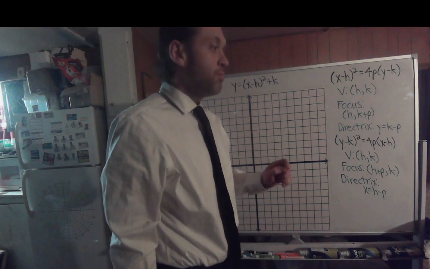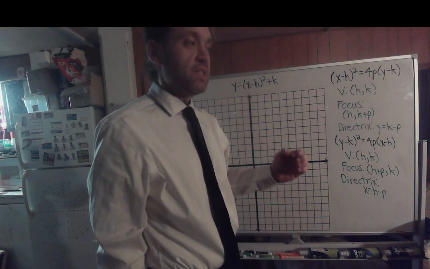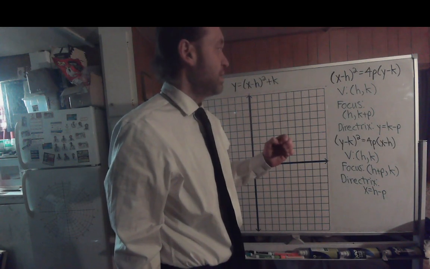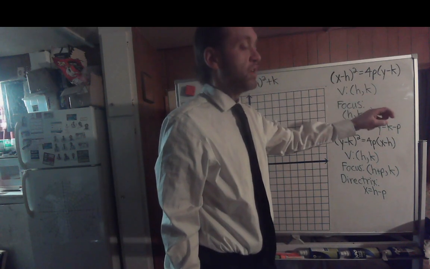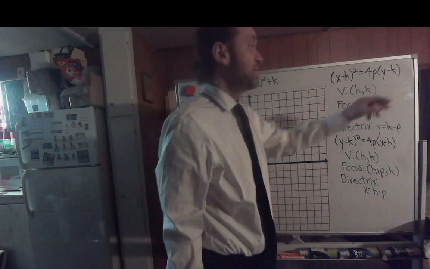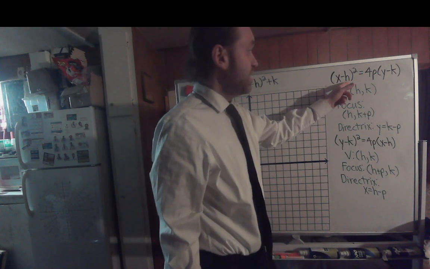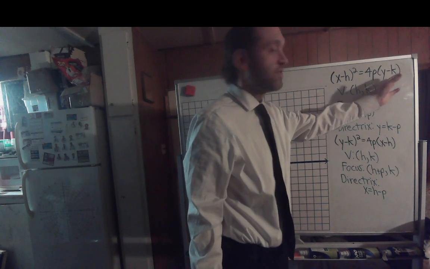If we remember, your linear variable tells you which axis the parabola has symmetry with, which axis it's on. So this first formula here is going to be if it has y-axis symmetry. So if the center is at the origin, well, x minus 0 squared is just x squared, and 4p times y minus 0 is just 4py.